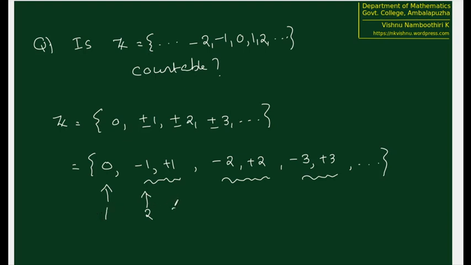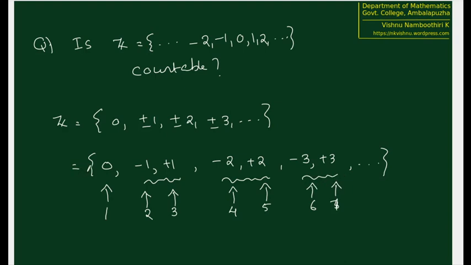What is the next labeling available? That is 3. So 2 and 3 are utilized. Now we have to label minus 2 and plus 2. For minus 2 and plus 2, the least labeling now available is 4. So 4 we will give to the least element in this particular group, and 5 we will give to the next element in this group. In the same way we will give 6 and 7: 6 to minus 3, 7 to 3.